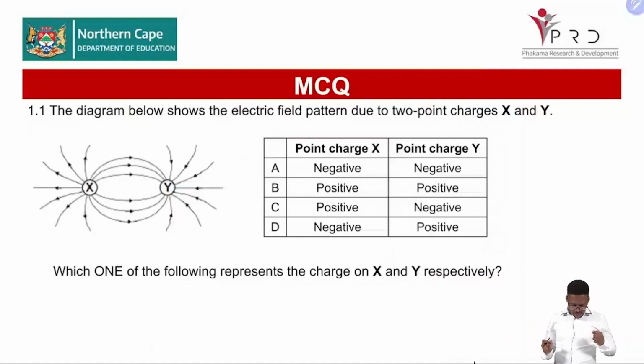Negative, in. Positive, out. Negative, in. So when you look at X, they are going out. So it means X is positive and Y is negative. And which option is that? It is C.